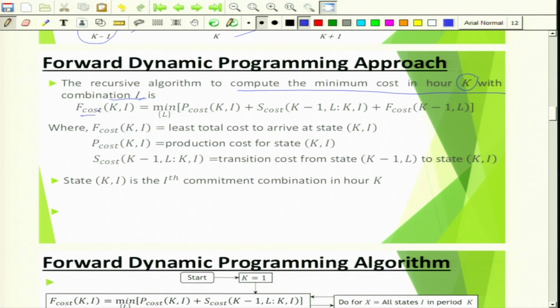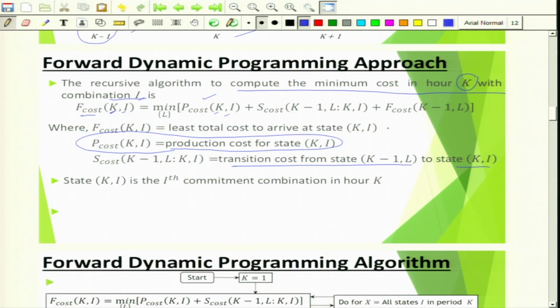That means the total fuel cost involved at the kth interval for the ith possible combination is equal to the minimum of the production cost for state k comma I. That means whatever is the cost involved in order to meet the load demand at that kth interval using the ith combination, plus S cost of k minus 1 comma L up to k comma I. That represents the transition cost from the k minus 1 comma L state to the present state. In order to come to this state, you are coming from a previous state.